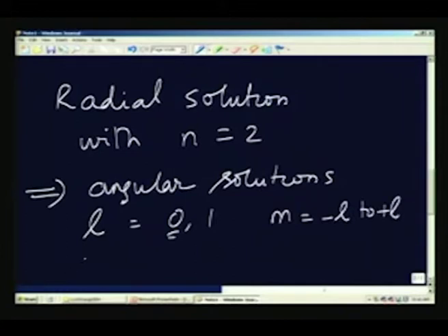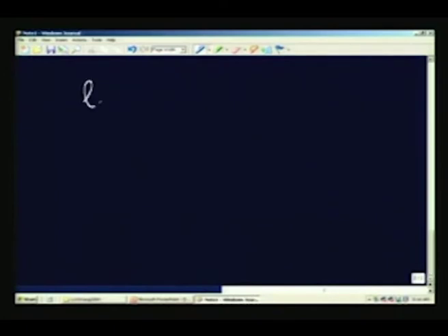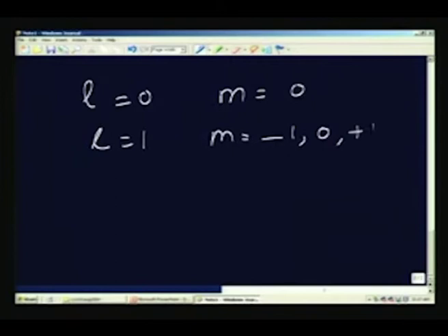Therefore, for l equal to 0, the only possible value for m is 0. For l equal to 1, the possible values are m equal to minus l to plus l, which means minus 1, 0, plus 1.